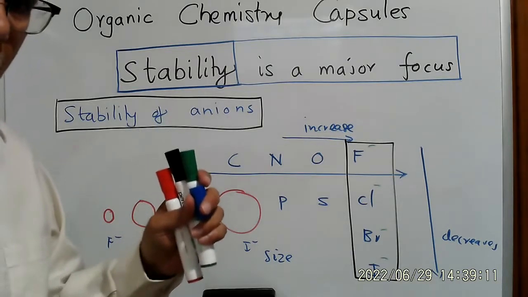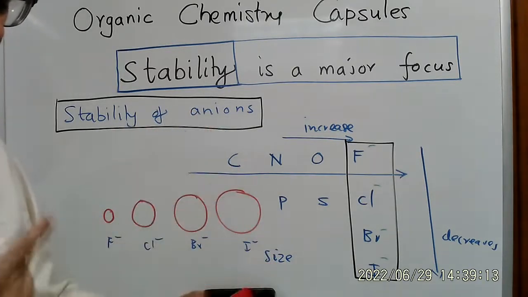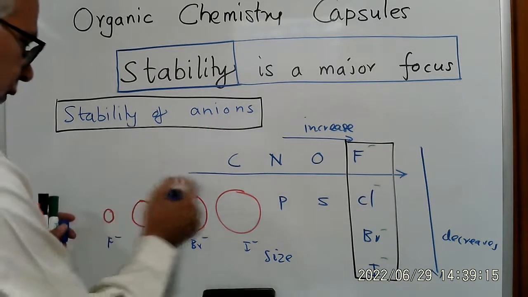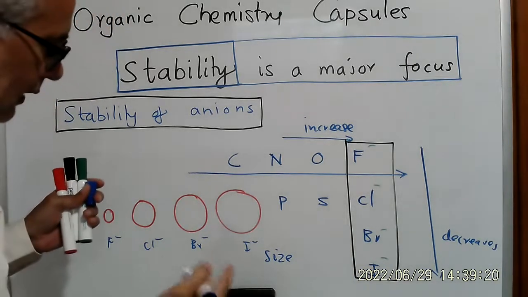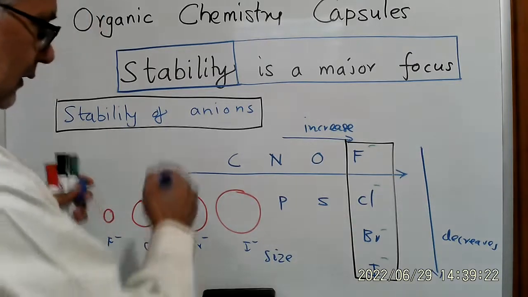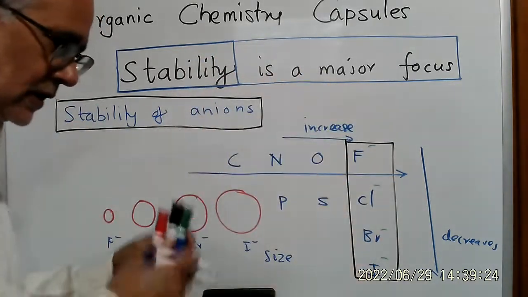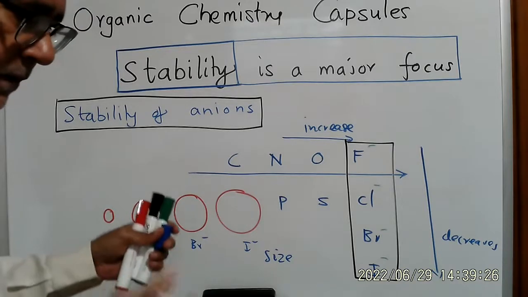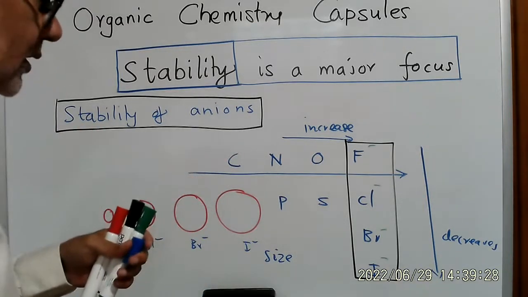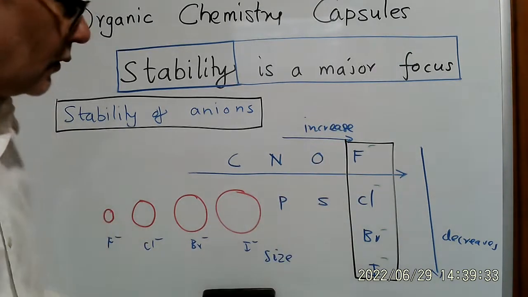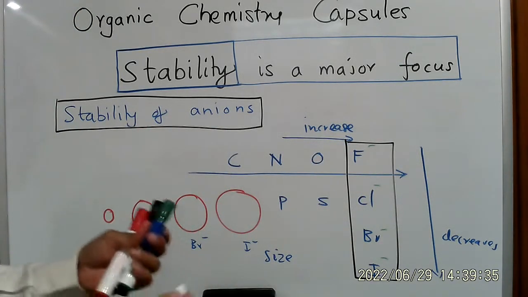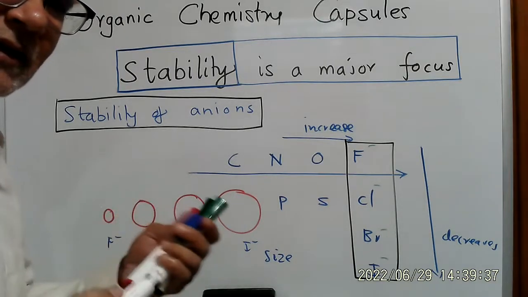And more importantly, you have only one negative charge on all these atoms or ions. So with a single extra electron, since the size is large, that negative charge, the extra electron, is able to spread out on a larger surface. If it is spread out, it's more stable. It's something like resonance.